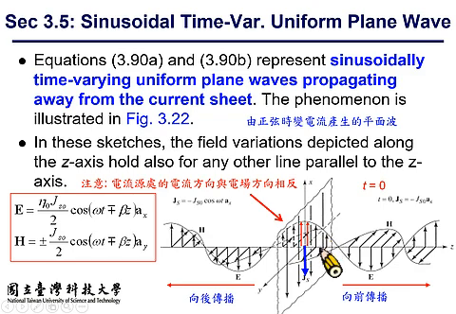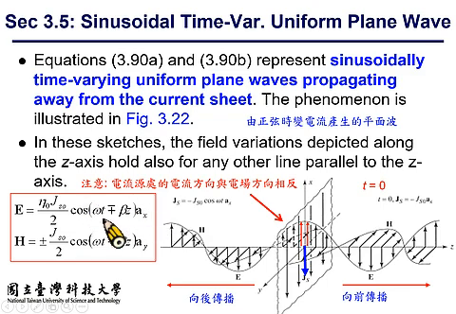As you can see, the electric field is vibrating in the x direction, and the magnetic field is vibrating in the y direction. So H is the horizontal one, and E is the vertical one.